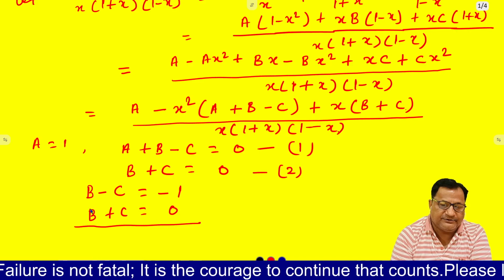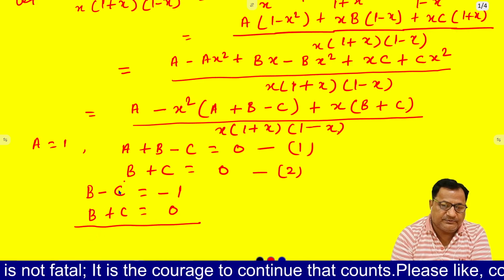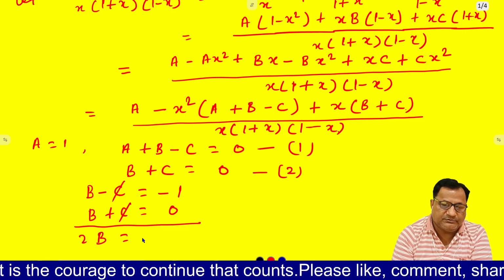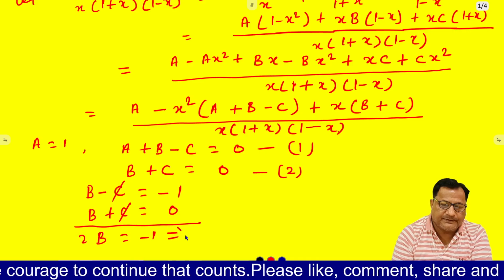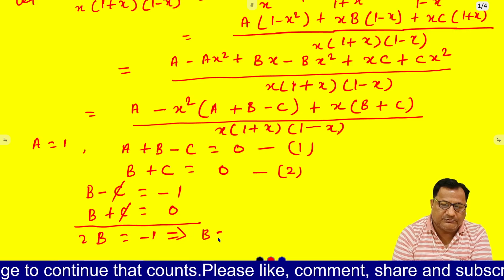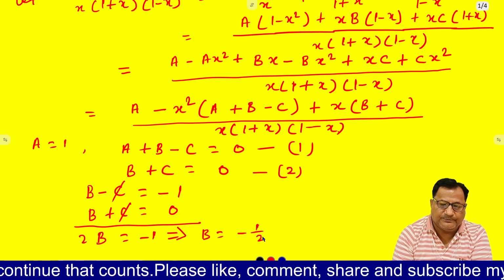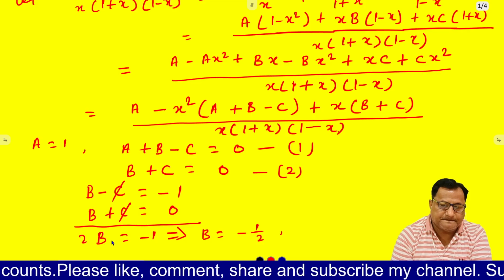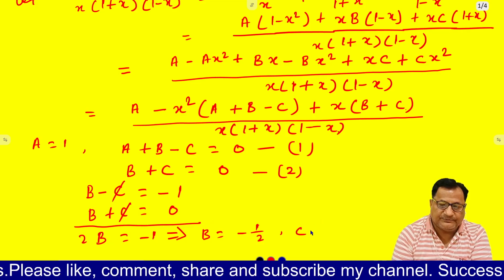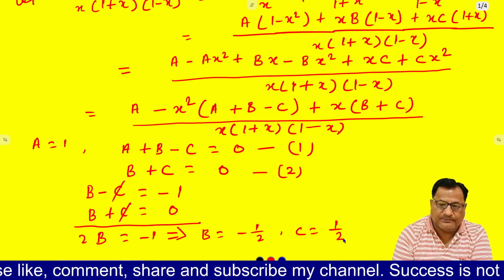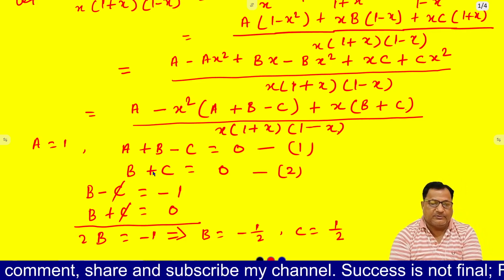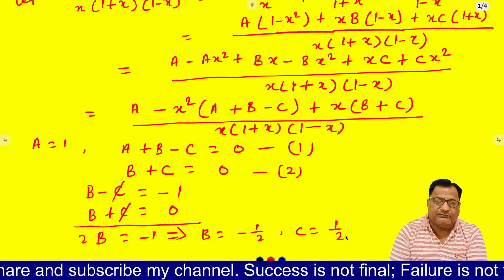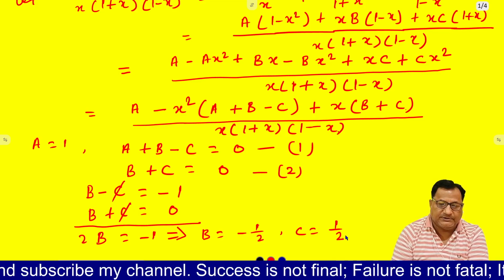If we add these, c will cancel, so 2b equal to minus 1, which means b equal to minus 1 by 2. Therefore c equal to 1 by 2. So we have got the values a equal to 1, b equal to minus 1 by 2, c equal to 1 by 2. Now we will put these in the integration.